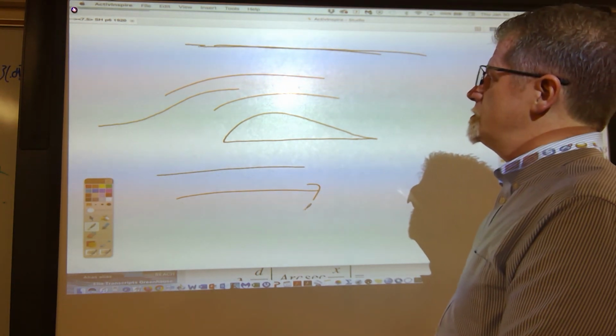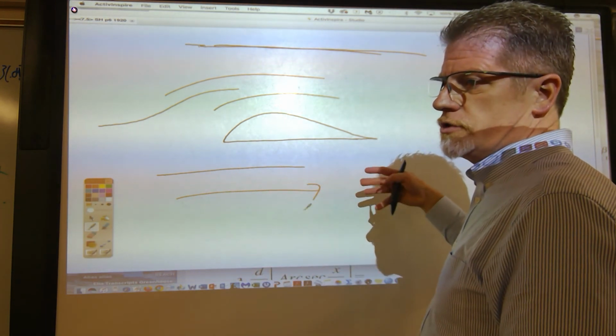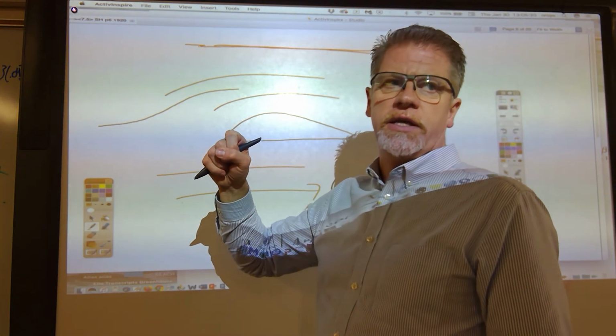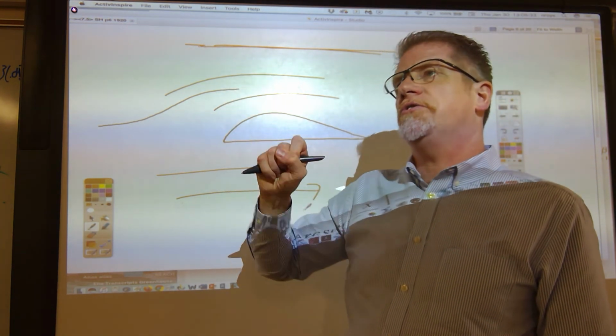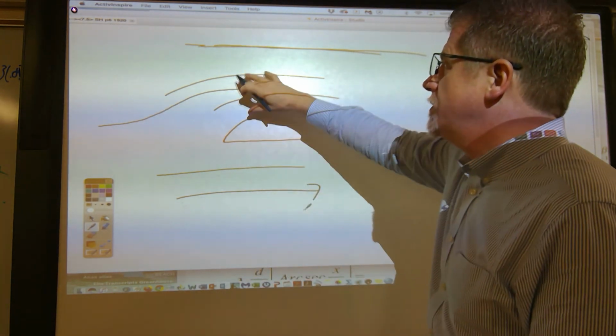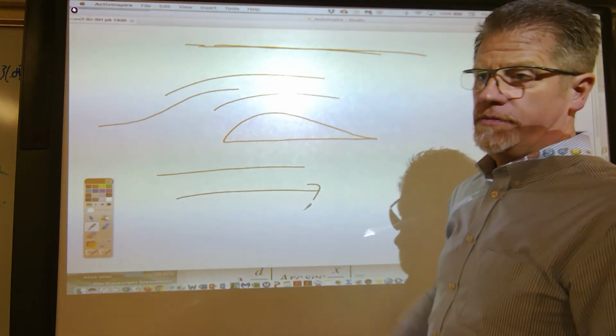Guess when the air is moving faster? Just like there were two speeds of the blood spurting out of the guy's arteries, some going faster, higher into the air, some not quite as high. Is the air going above the wing traveling faster or slower than the air below the wing?